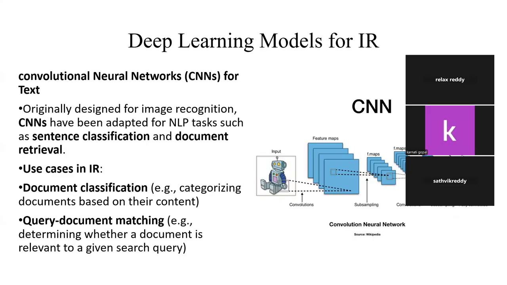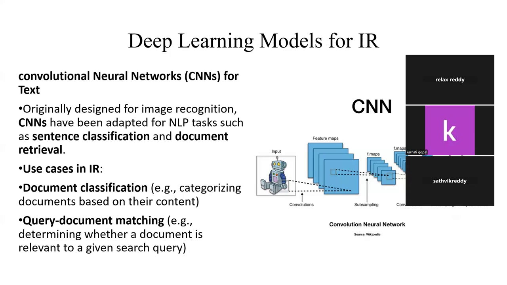For instance, convolutional neural networks can be employed for document classification, where the model learns to categorize documents based on their context, for example, classifying articles into topics like sports, politics, and technology.